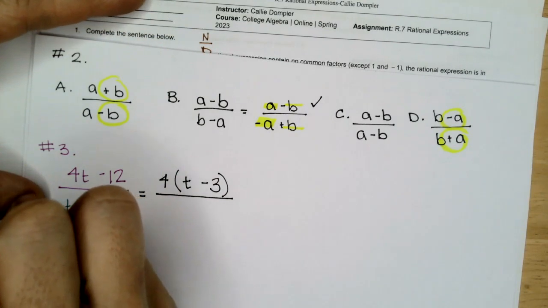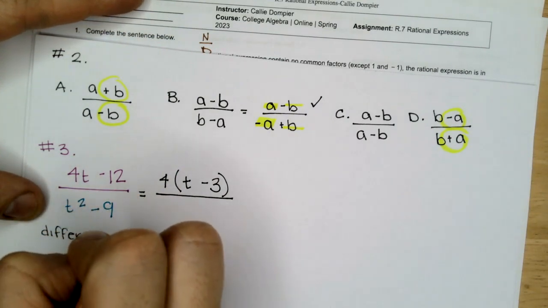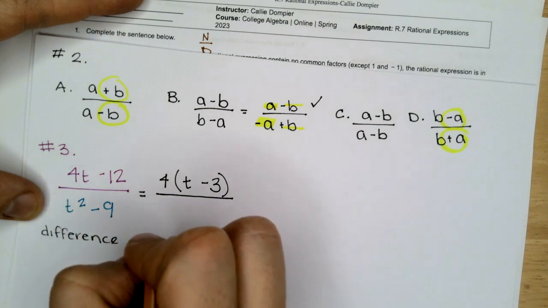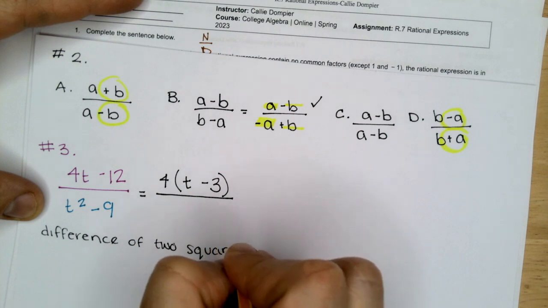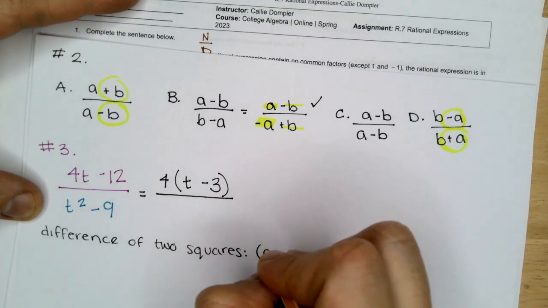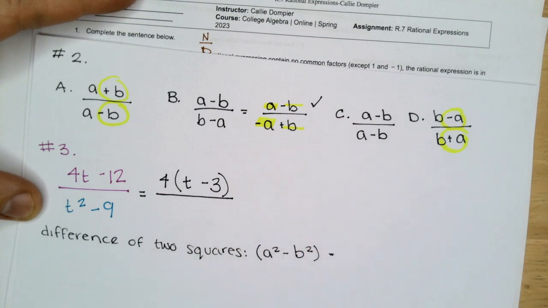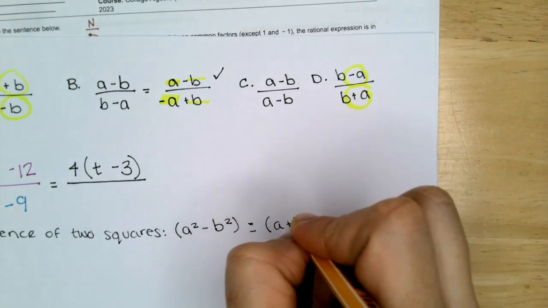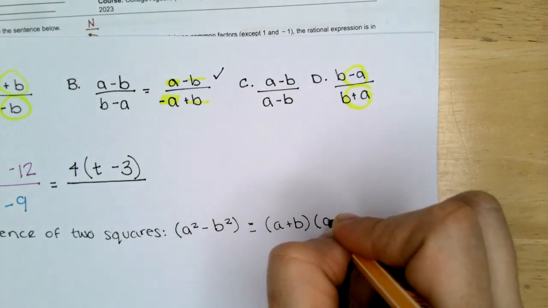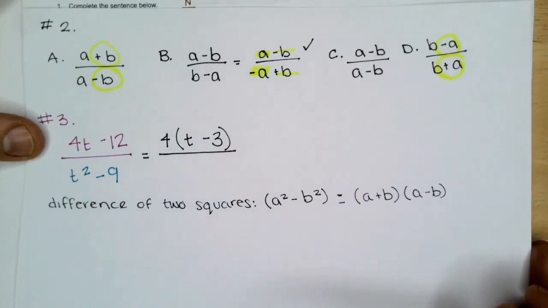you might just want to memorize. Difference of two squares. So you start with a squared minus b squared, and that factors to a plus b multiplied by a minus b. Good?